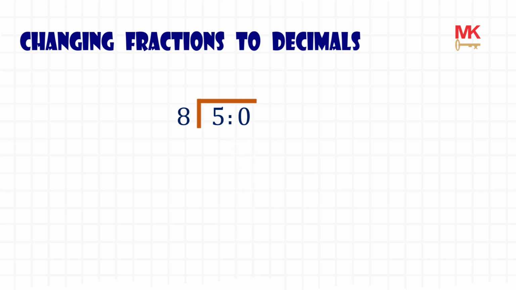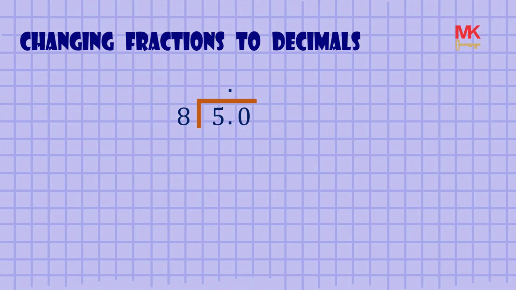Now we make a copy of the decimal point and place it directly above the first decimal point. At this level, we just pretend like the decimal point does not exist, so that it looks like we are dividing 50 by 8. We can now start the division right away.